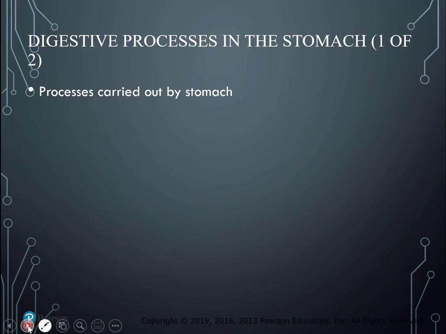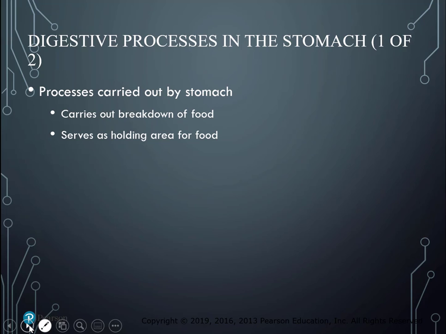So let's take a look at the digestive processes in the stomach. What are the things that are happening in the stomach that pertain to digestion itself? Here are the processes where the stomach carries out the physical breakdown of food. Of course, you break it down between your tongue and your teeth, but it is further broken down in the stomach.